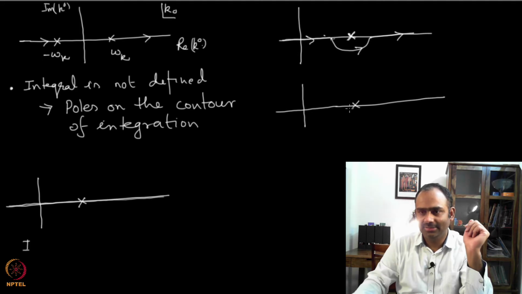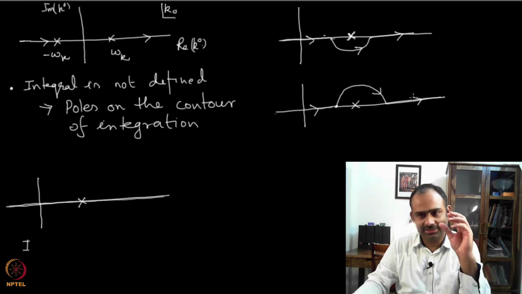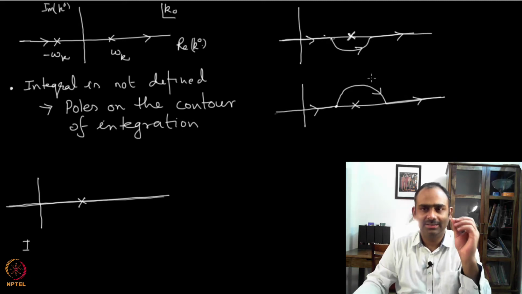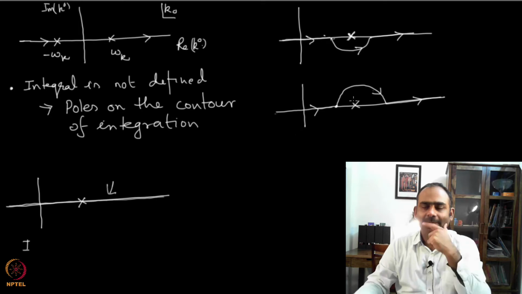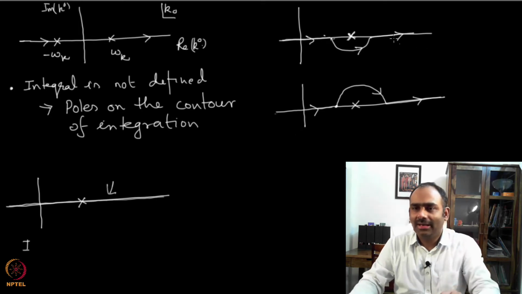The same thing: you leave the pole here, and you integrate along this path. So you come up to here from minus infinity, and here you make a small detour and continue like this, and then again take the semicircle to go to 0. In that case, you will be really in this situation. Now, let me write the integral in this case.